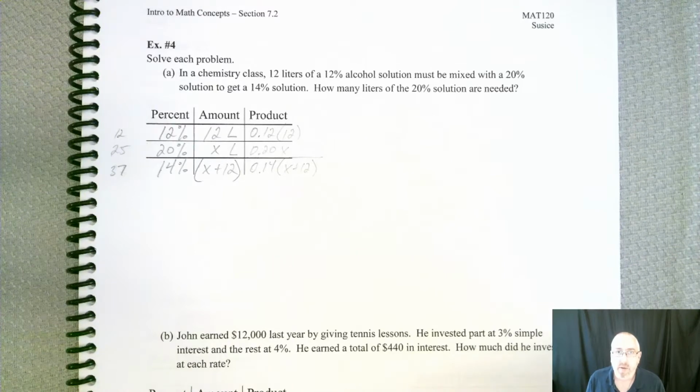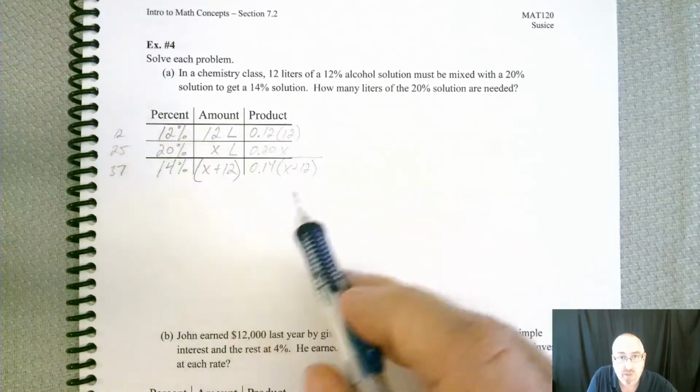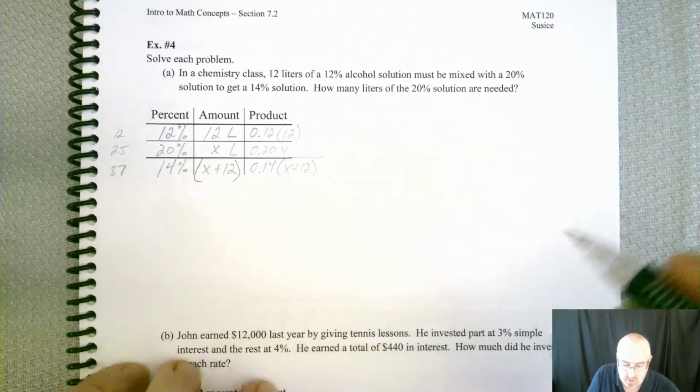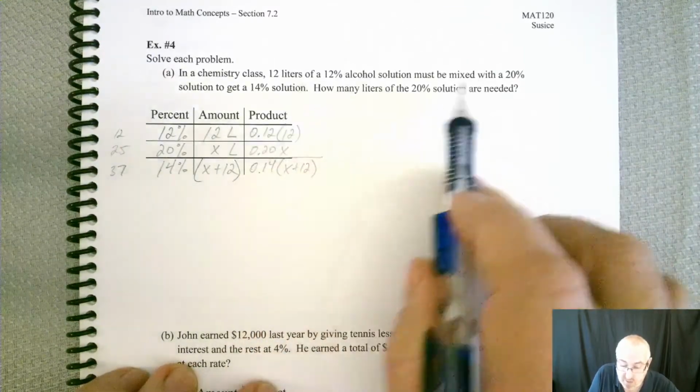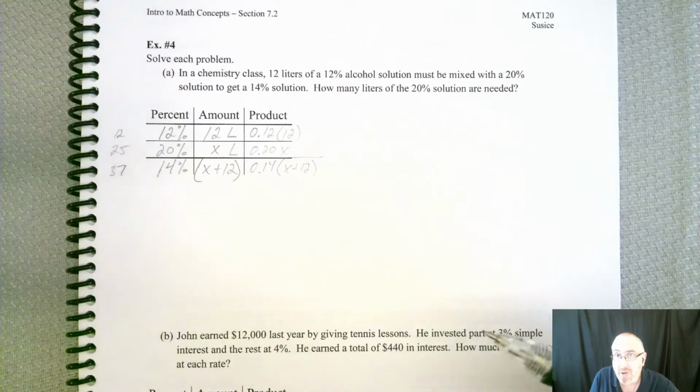All right, so now I have all this mess. What do I do with it? How do I put this into an equation? Well, your equation is going to be based off of all these things we just wrote in this last column. So remember, the first two things are being mixed. If you're mixing things together, how do you combine them operationally? You got to add them.